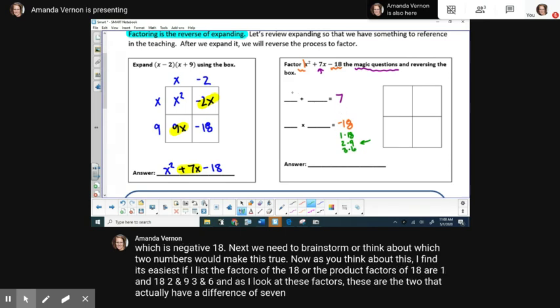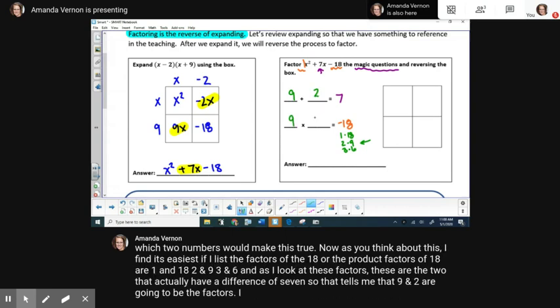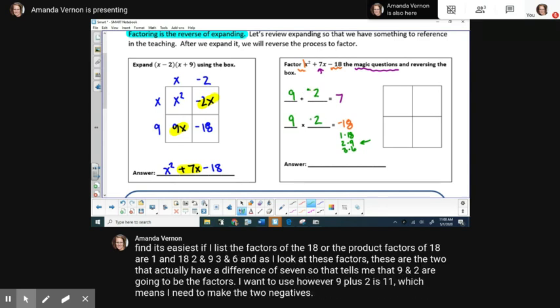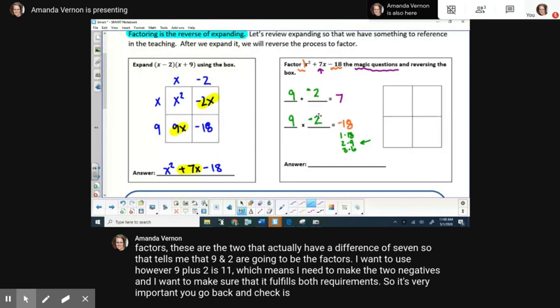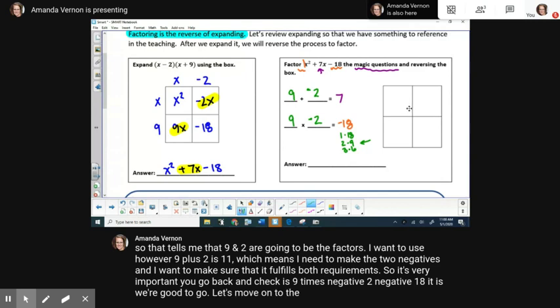So that tells me that 9 and 2 are going to be the factors I want to use. However, 9 plus 2 is 11, which means I need to make the 2 negative. And I want to make sure that it fulfills both requirements. So it's very important you go back and check. Is 9 times negative 2 negative 18? It is. We're good to go. Let's move on to the next part of the process.